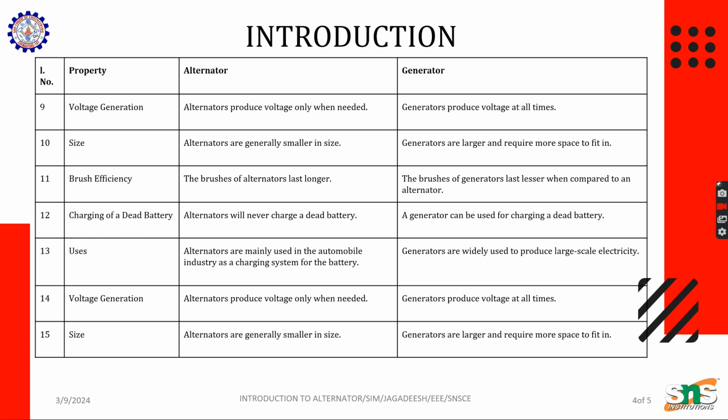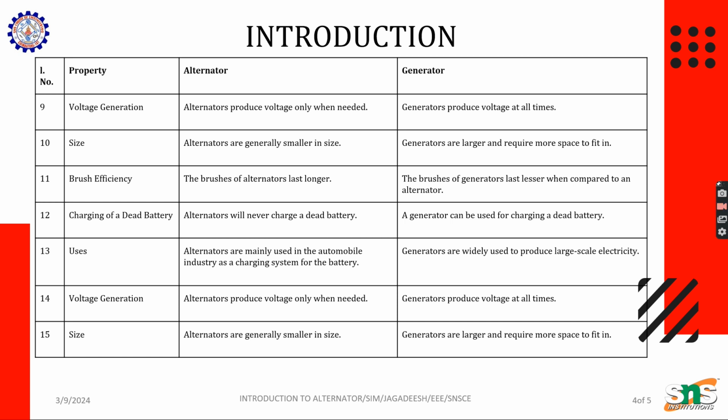Regarding voltage generation, the alternator produces voltage only when we need it. Generators produce the voltage at all times. The size of the alternator is much smaller when compared with the DC generator. Generally DC machines have brushes because of the rotating armature, whereas in an alternator they last longer.